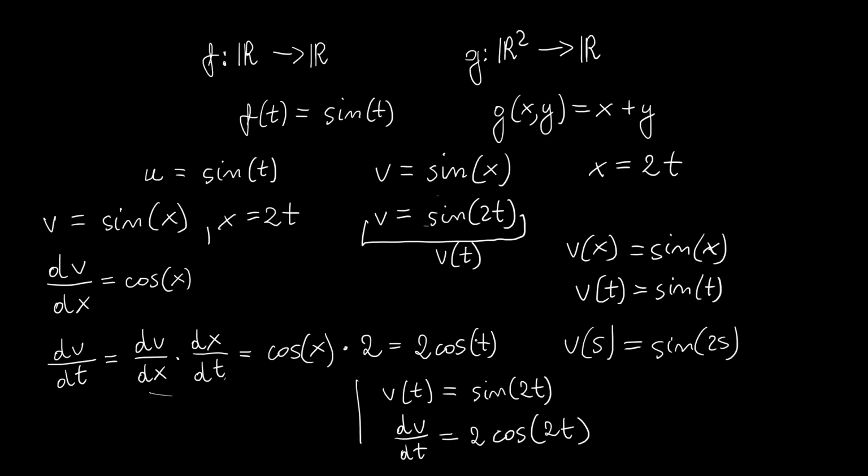I didn't substitute here properly because x is 2t, and we see that they are equal. So this is how chain rule works on an example. We will not prove chain rule. We will just apply it.